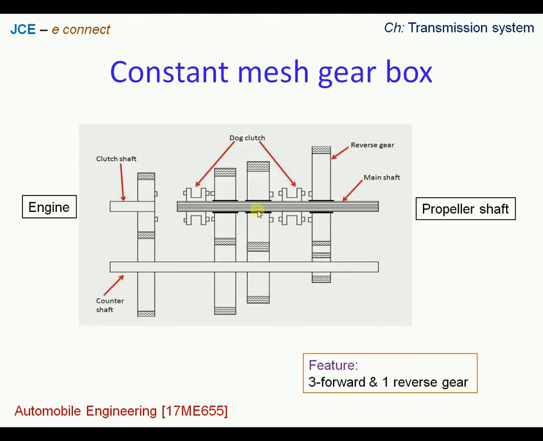So during the first gear operation, let's say that this is gear number 1, and then this is a gear number 2, and what we have here is a reverse gear.